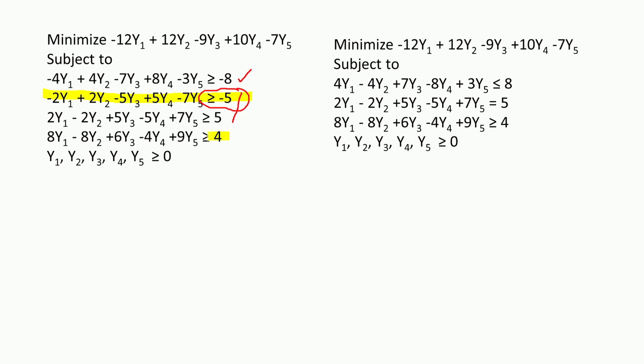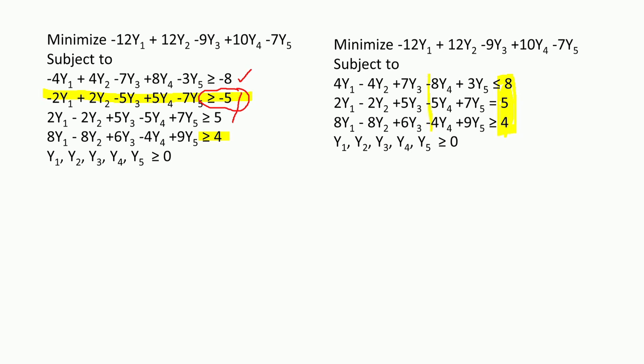This constraint is retained as it is because the right hand side value is plus 4. So, we have plus 4, it is retained. So, now what we have achieved is, the right hand side values here are 8, 5 and 4 with a plus sign, and these are exactly the objective function values of the given original problem.